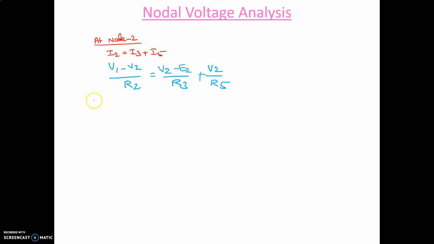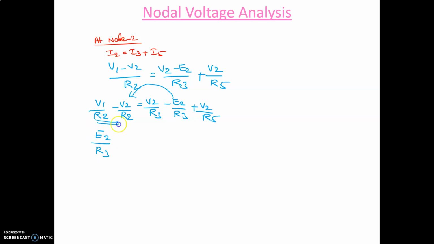So rearranging the terms, we will get V1 by R2 minus V2 by R2 is equal to V1 by R3 minus E2 by R3 plus V2 by R5. Bringing E2 by R3 to the left hand side, and these two terms to the right hand side, this will be minus V1 by R2 plus V2 by R2 plus V2 by R3 plus V2 by R5.